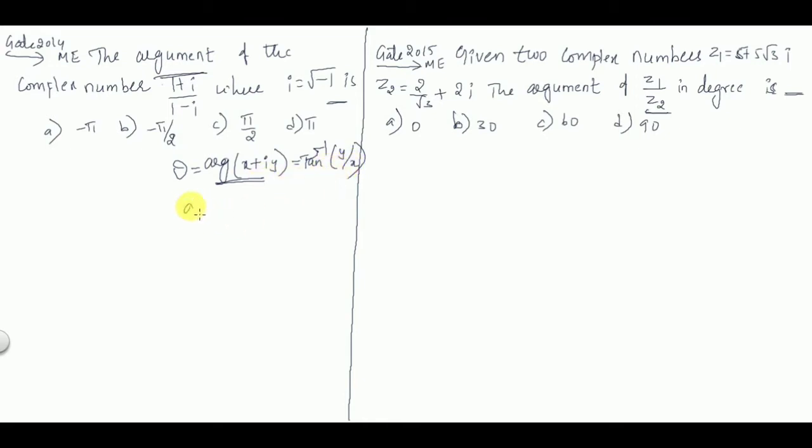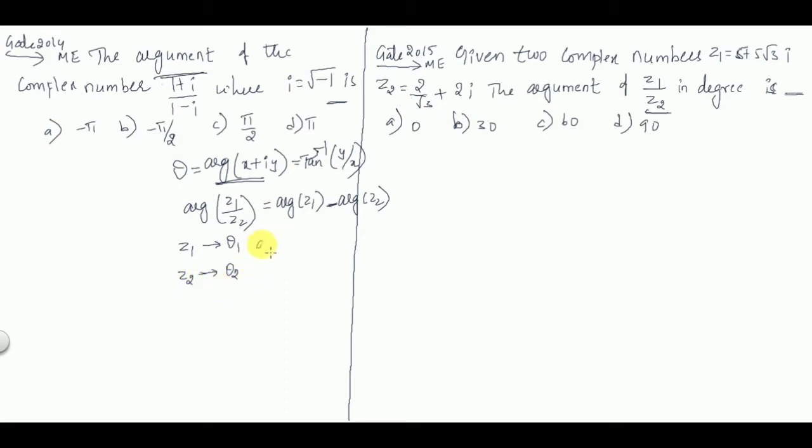Similarly, the concept we can use is argument of z1 by z2 is equal to argument of z1 minus argument of z2. That is, for z1 you have to find the angle θ1, and for z2 you have to find the angle θ2 separately.